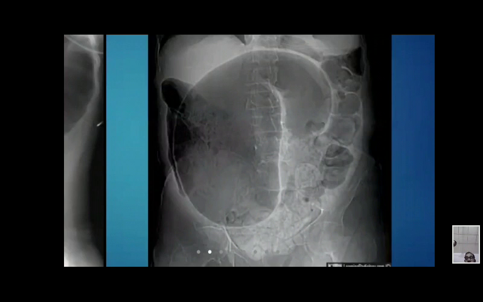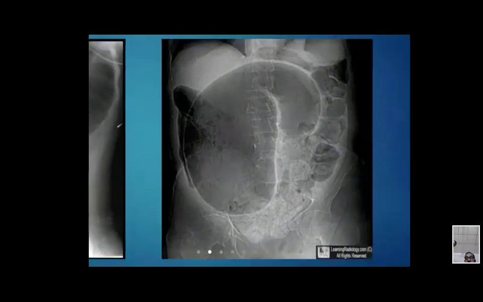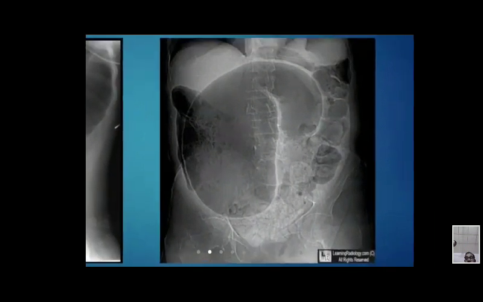And what are the types of volvulus? A volvulus is a twisting or axial rotation of a portion of a bowel about its mesentery. Yes, about its mesentery.